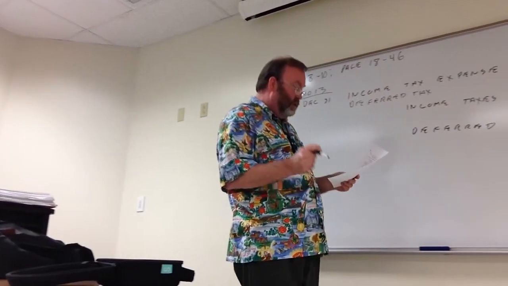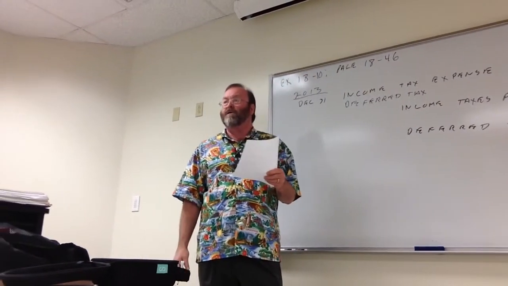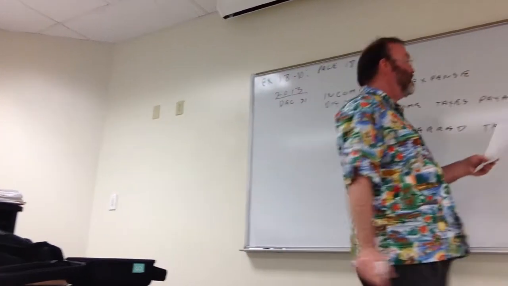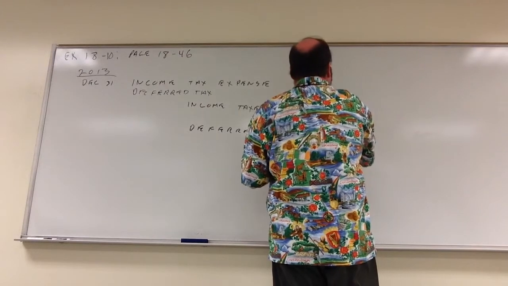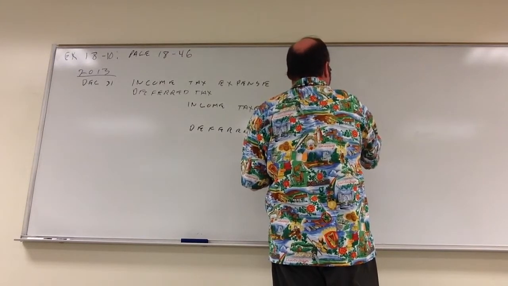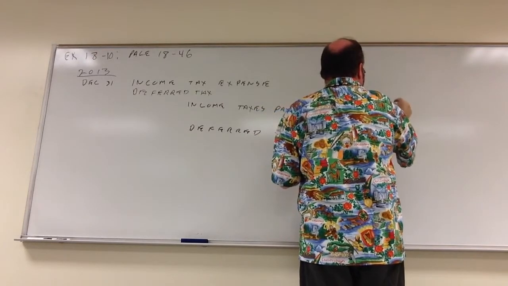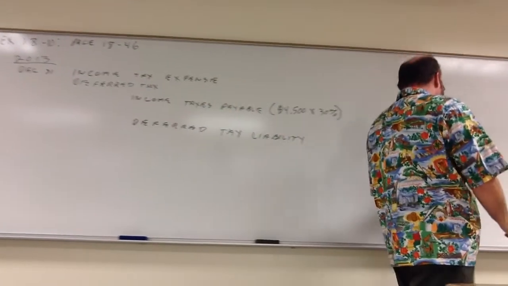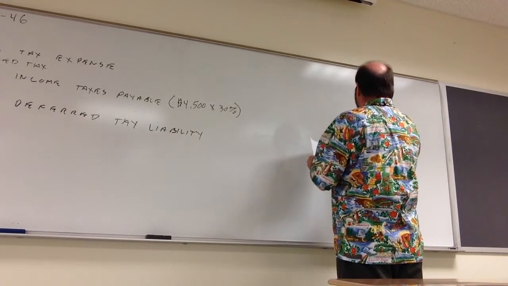All right? So, in each of these cases, once again, we always start with income tax payable. So the income taxes payable is going to be the $4,500 times the 30% tax rate, which is going to give us $1,350.